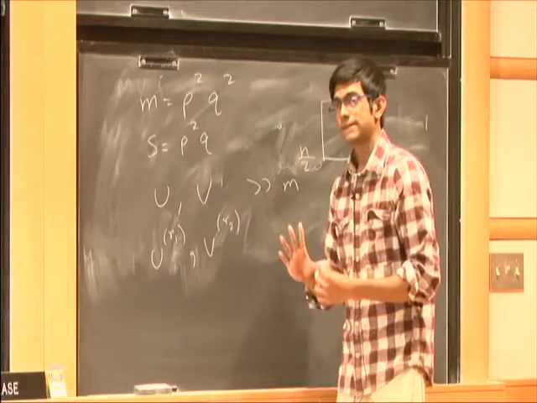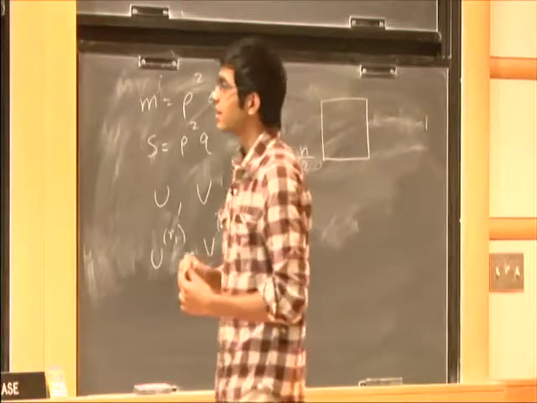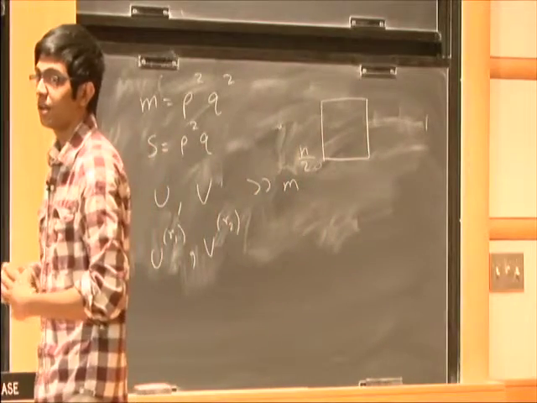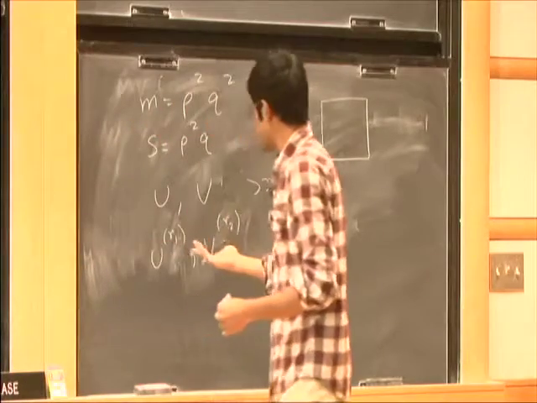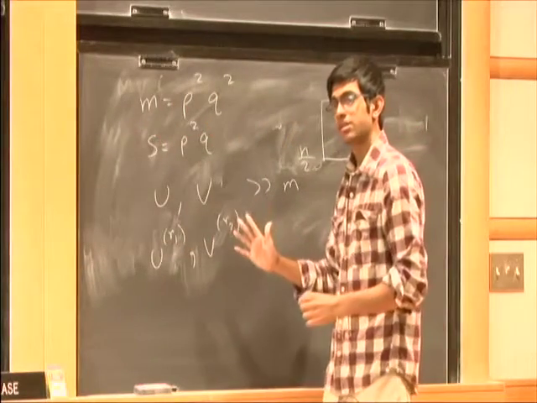So in the Z_4 case, say, r1 and r2 will both be 2. It can be 1, 4, it can be 2, 2.